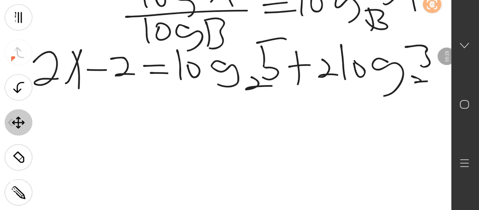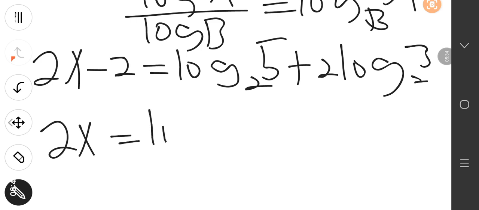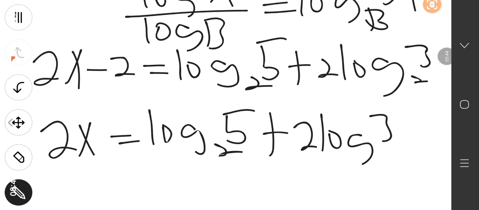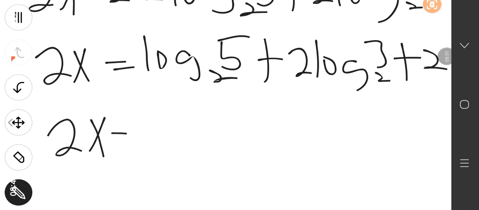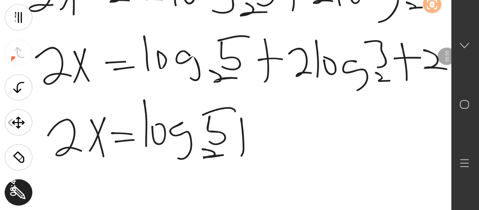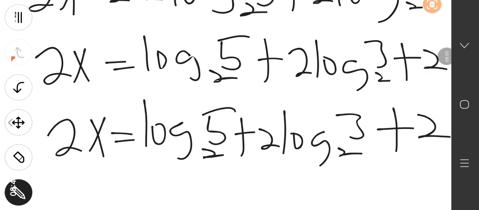All right, so we are going to transpose 2. So we are going to have 2x equals log 5 base 2, okay, plus 2 log 3 base 2 plus 2. Okay, so our equation becomes 2x equals log 5 base 2 plus 2 log 3 base 2 plus 2.